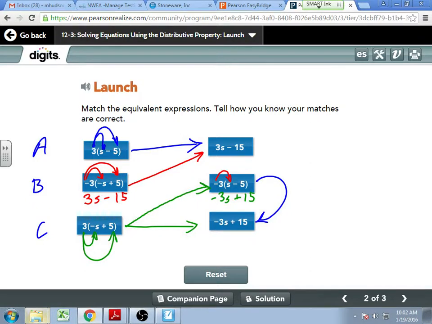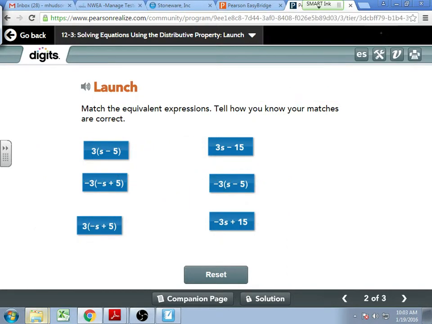B and C in this column are essentially the same thing. These two are essentially the same thing, and they both have distribution. So be very, very careful when we start doing this distribution, because you have to pay attention to what sign is where. When two negatives multiply, they make a positive. Questions, comments, or concerns?